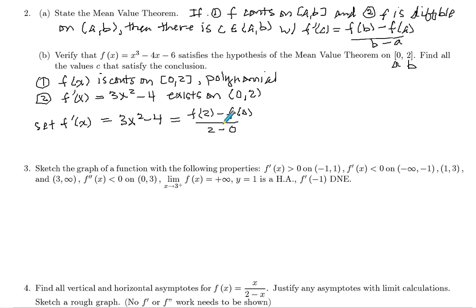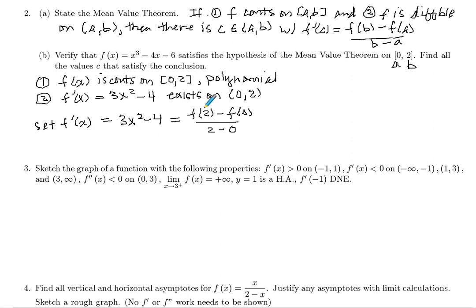Remember, if it's Rolle's theorem, then instead of f of b minus f of a over b minus a, the slope is equal to 0. But then you have the third condition that f of b has to equal f of a. So you'll want to look over Rolle's theorem too.